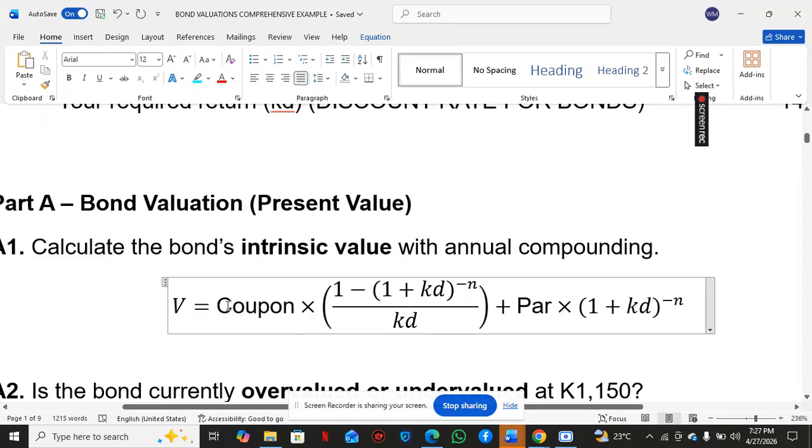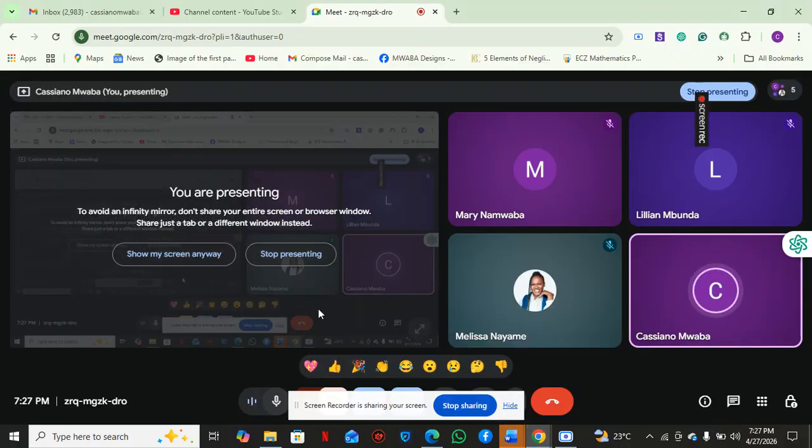As you can see here, the coupon, the interest payment, is multiplied by the annuity factor. I believe most of you took managerial finance. What's the definition of an annuity?